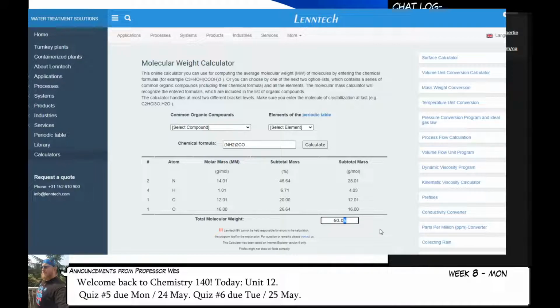If you are just working with hydrogen by itself, something with a tiny molar mass less than 10, like H2, don't do H2 on Lentech because you will only have 3 sig figs. Try to have at least 4. But for virtually everything you're going to use on Lentech, it's going to spit out at least 4 sig figs or more. Just use all the numbers that you get, all the decimal places shown, and you'll be fine. And that's how you do molar masses.